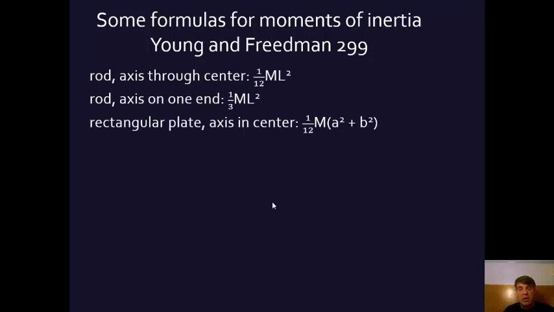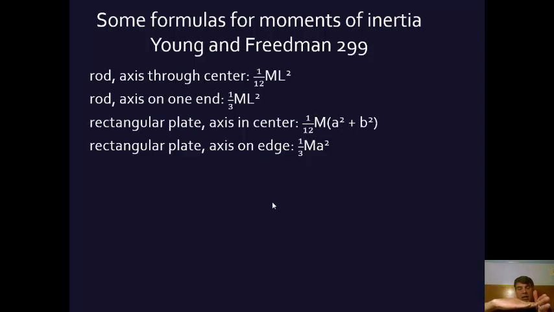Then it's 1/12 the mass times the sum of the sides squared. Let's say it's that same rectangular plate, but it's rotating around the edge of the board. Then it's 1/3 the mass times the length squared, and so forth.